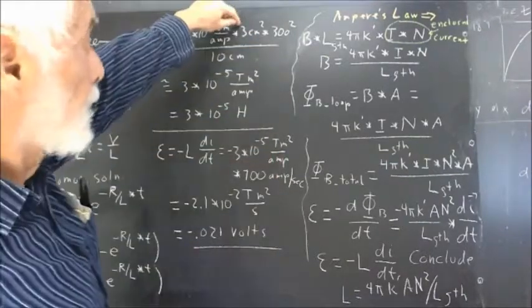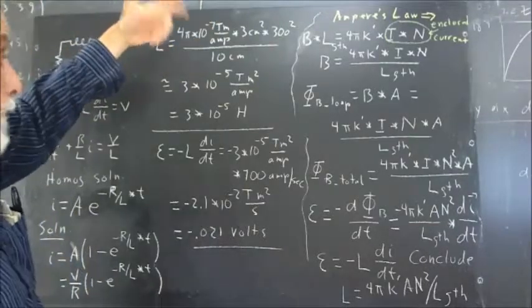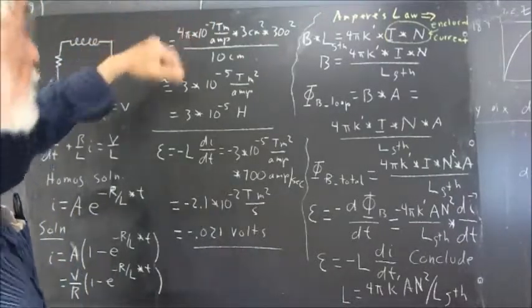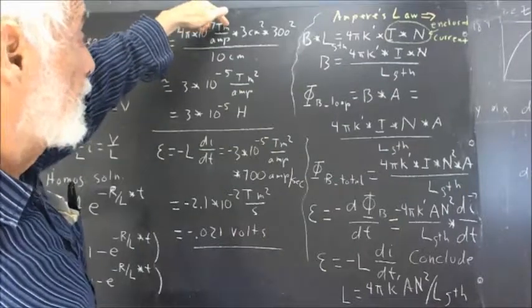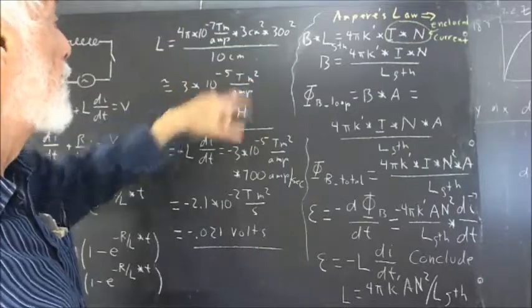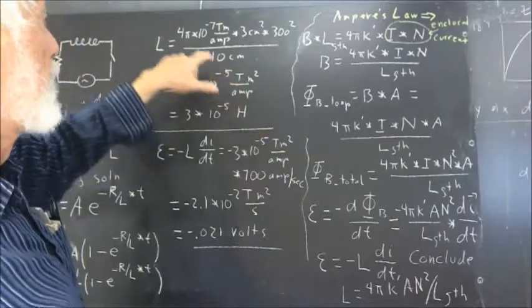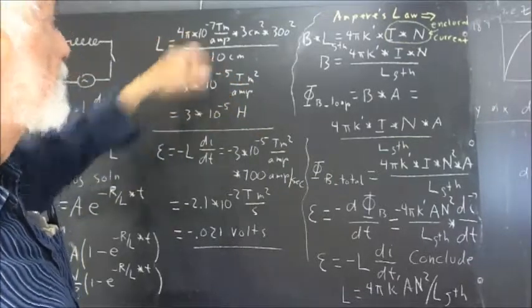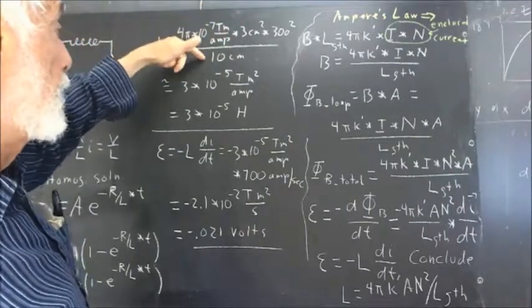Now I've converted the 3 square centimeters to square meters, and the 10 centimeters to meters. And we see then that we're going to have a meter here in the unit, and a square meter here divided by a meter here. That's going to give us Tesla meter squared per amp because the only units here are the units of the area and the length.